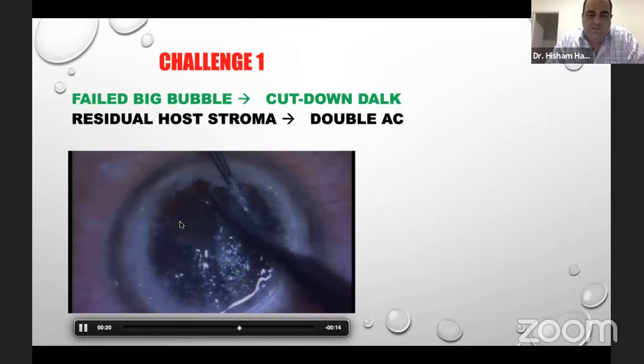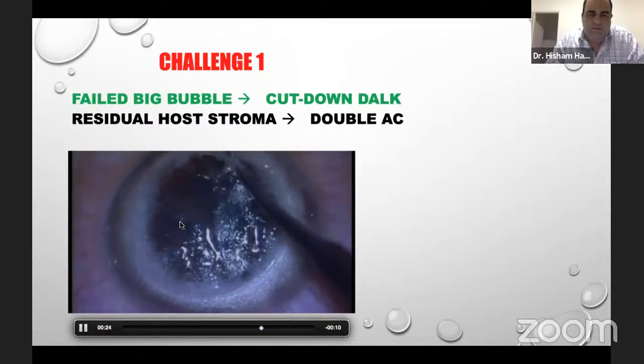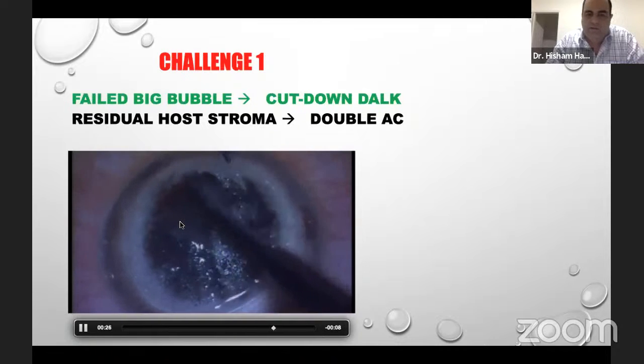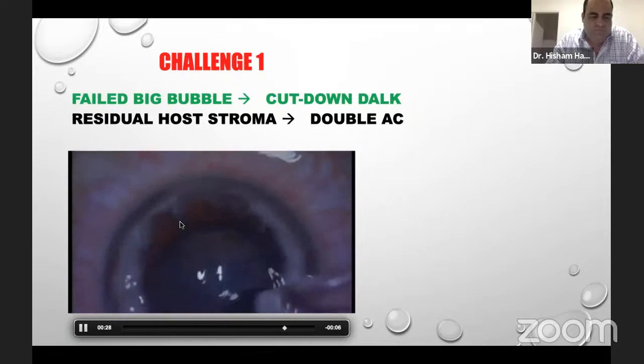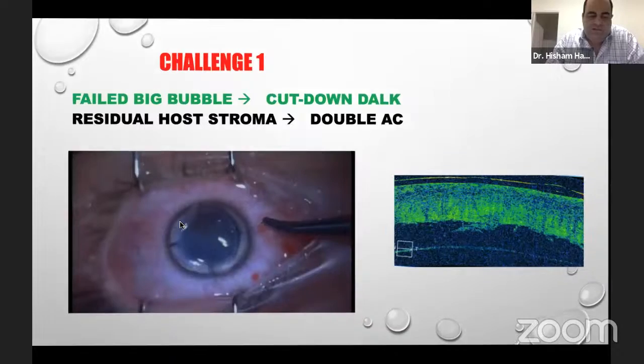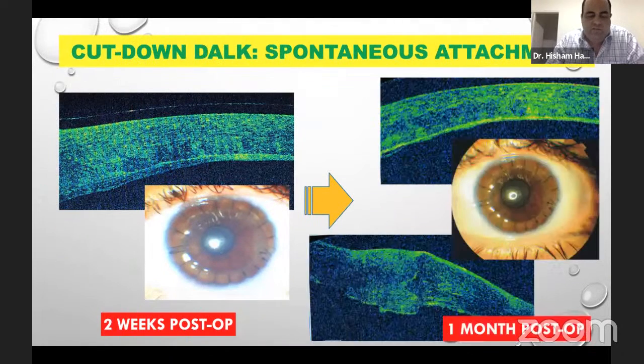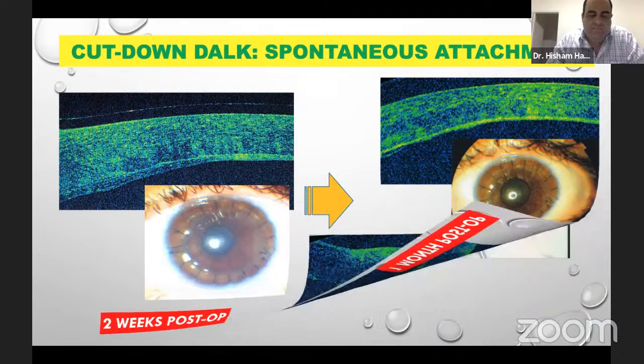As you can see in this video, I am taking out the deep stroma layer by layer, and I hydrate whenever I have to. On the right side, you may notice some stromal shreds in the early postoperative OCT, but within few days, Descemet's membrane has become totally attached, and the endothelium succeeded to clear out the graft.